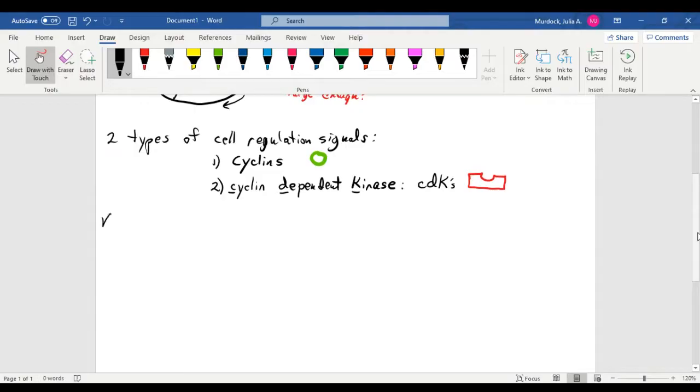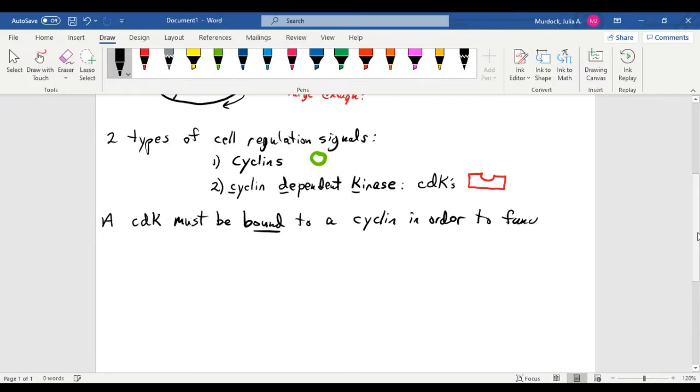So a CDK, which is going to do the signaling of molecules to go into the next phase, must be bound or connected to a cyclin in order to function.